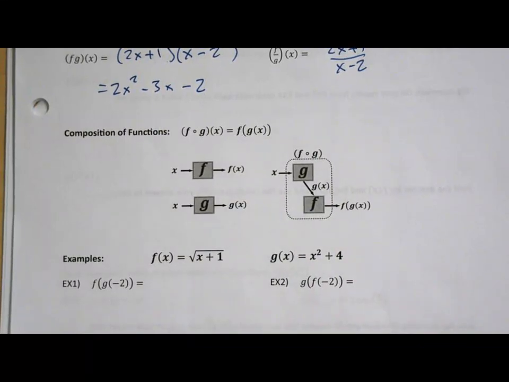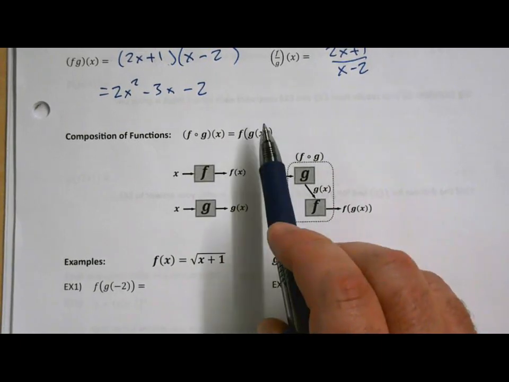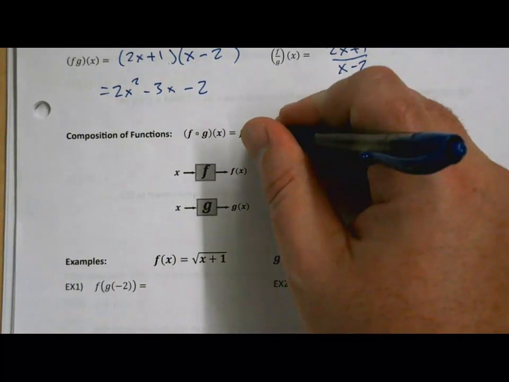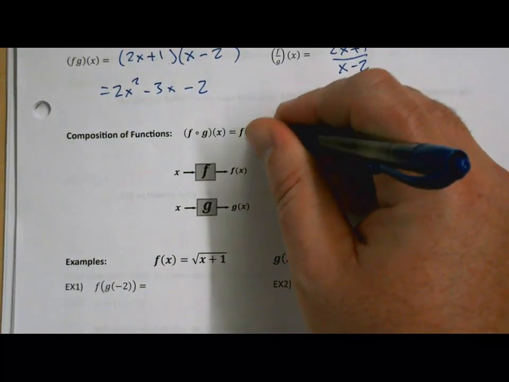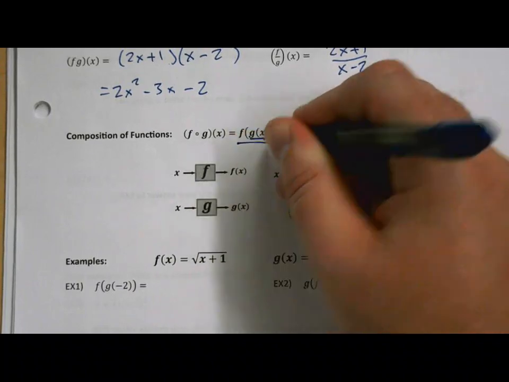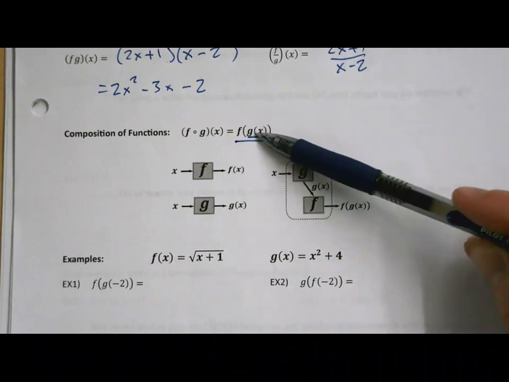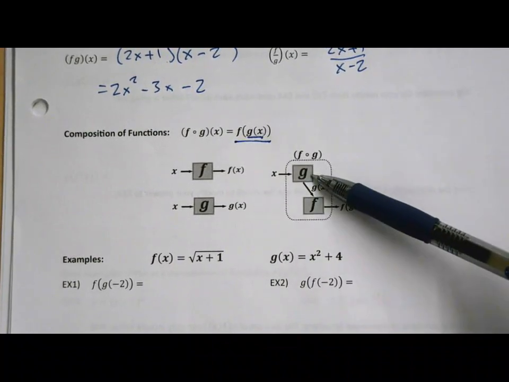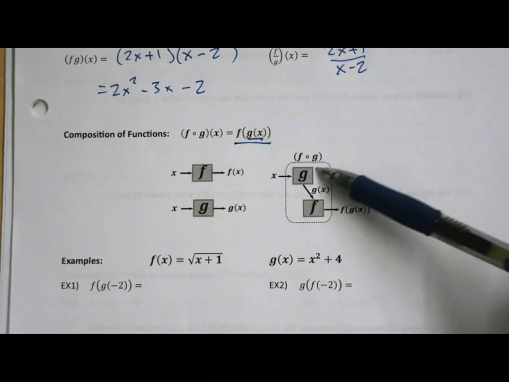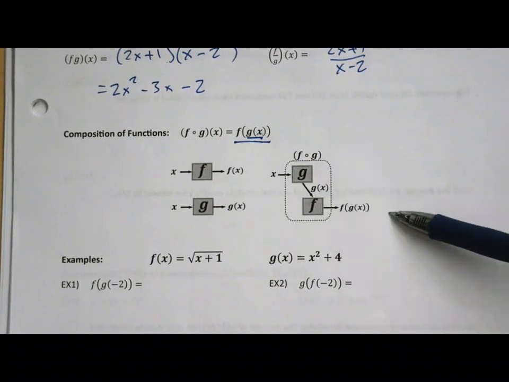So the thing that helps me the most is to work from the inside out. X is the input, so we start with x, and then we work out to g of x, and once we get something for that, then we work our way out to f of g of x. X is going into the g first. It's closest to the g in the notation. It's going into the g first, and then into f, and then out.